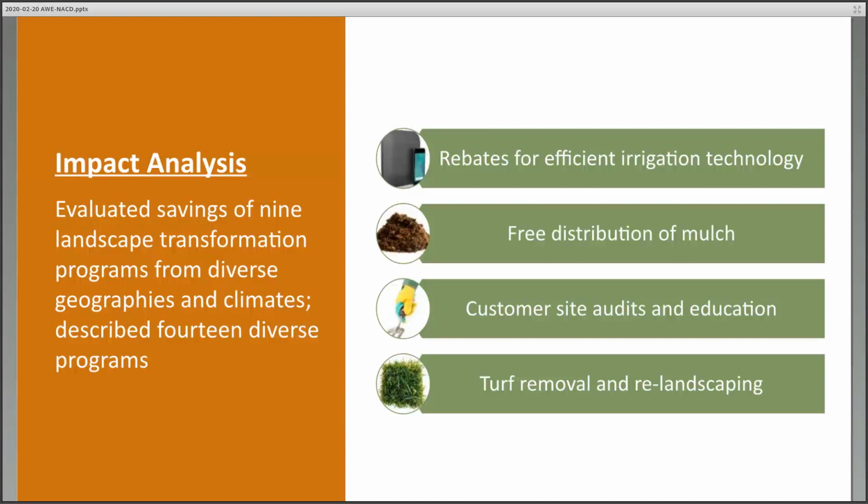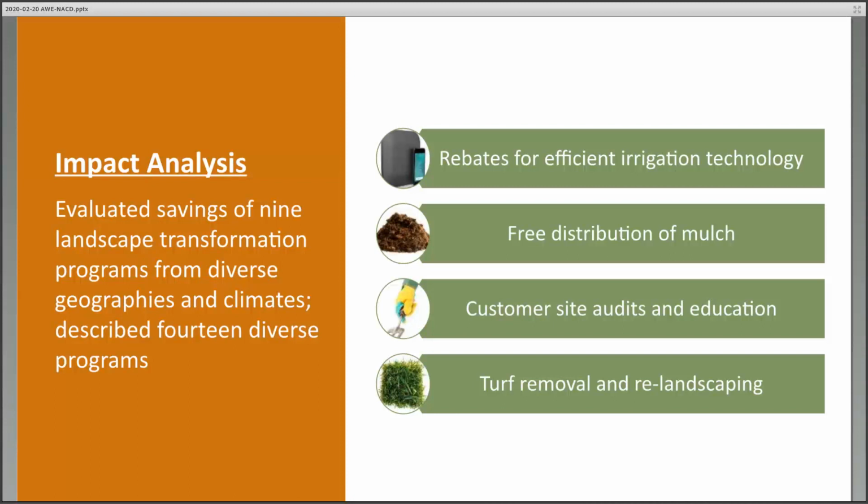So our impact analysis looked at 4 distinct types of programs in 9 different locations. We looked at rebates for efficient irrigation technology like smart controllers, things like soil moisture sensors or weather-based irrigation controllers, free distribution of mulch, and also customer site visits and educating customers about their water use and how they can reduce it.